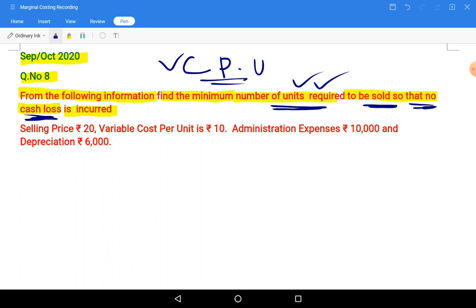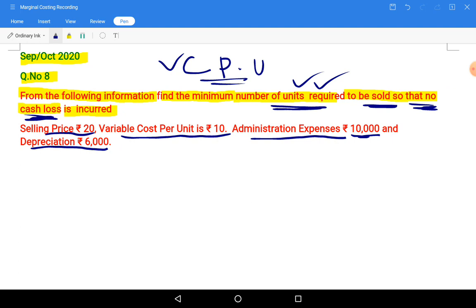Here arises the main funda in this question. He gave selling price per unit rupees 20, variable cost per unit rupees 10, administration expenses 10,000 rupees, depreciation 6,000.